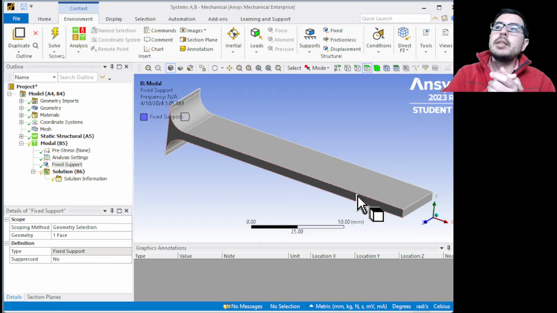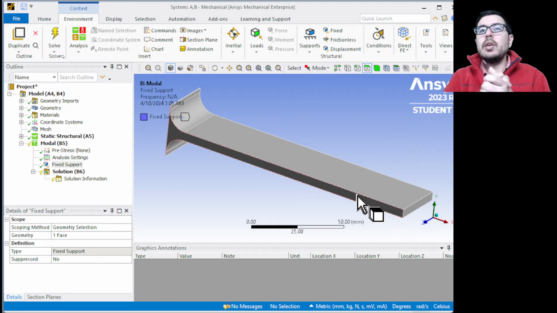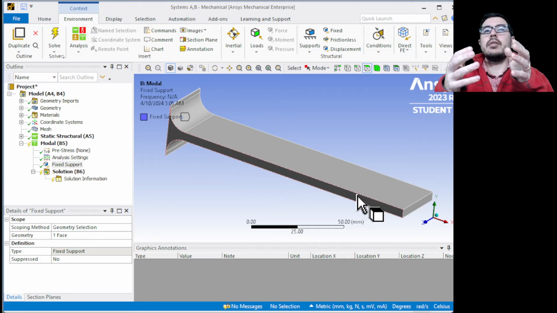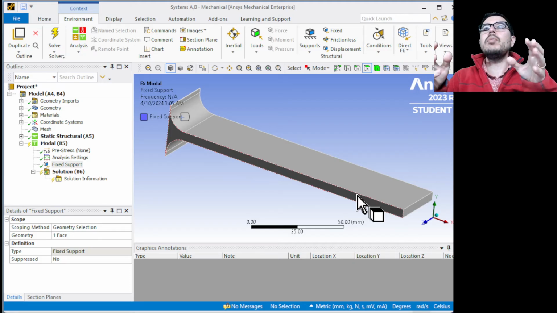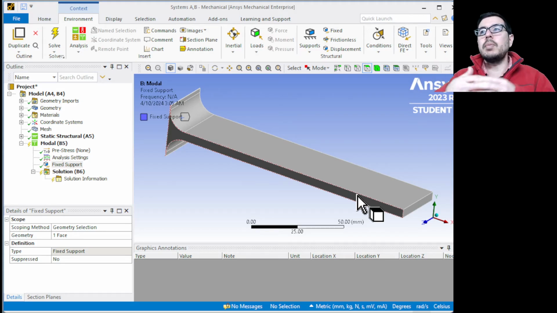So modal analysis is essentially saying, if I were to shake this at different frequencies, show me which ones are going to have the largest deformation, largest displacement. They're going to jump, they're going to bounce. Those aren't the right terms, but they're going to hit resonance.